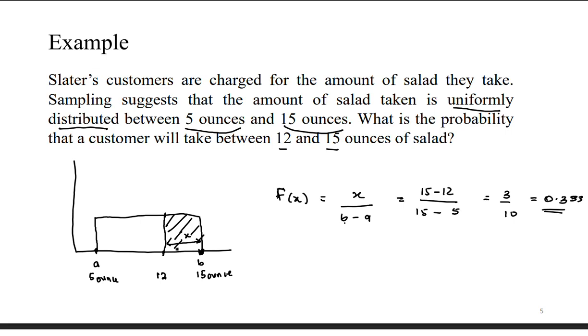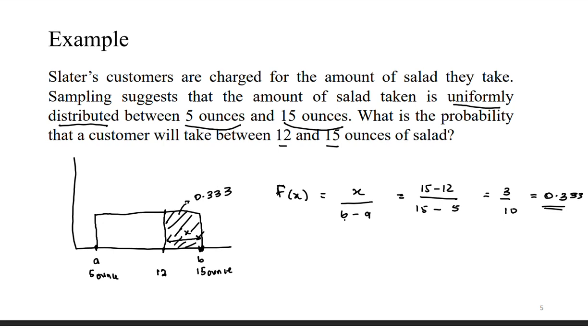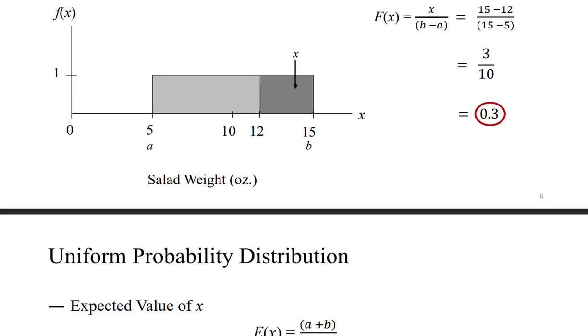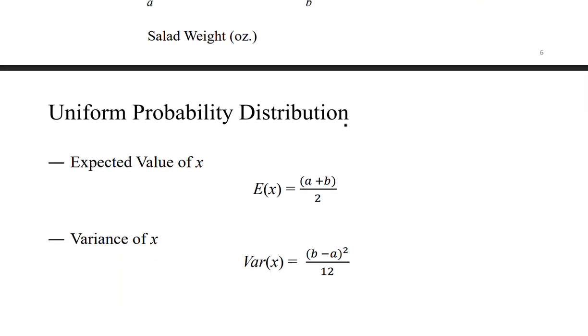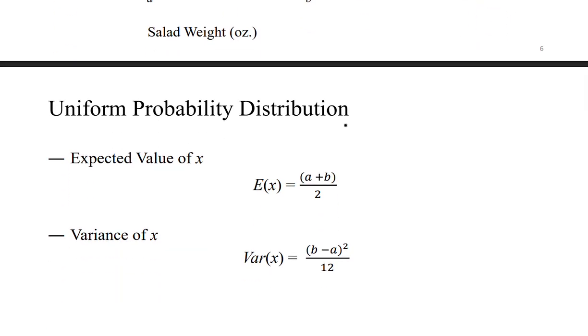So the area under the curve here is 0.333, and that is what has been solved here. We are looking at the value of x between 12 and 15, given that we have an interval from 5 to 15. So this is how we calculate the probability for a continuous uniform probability distribution.